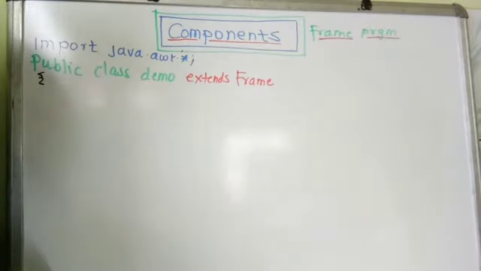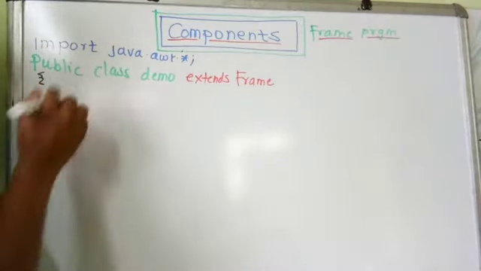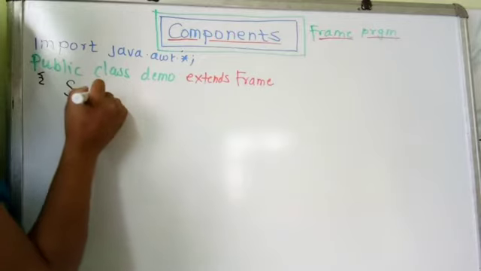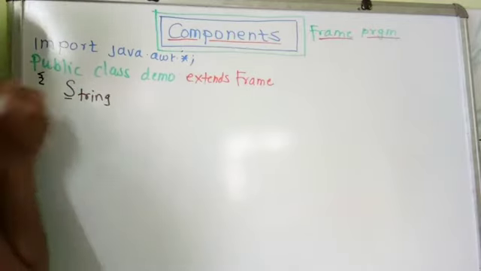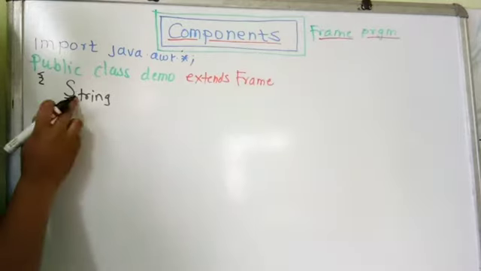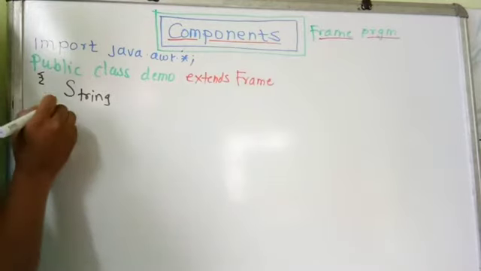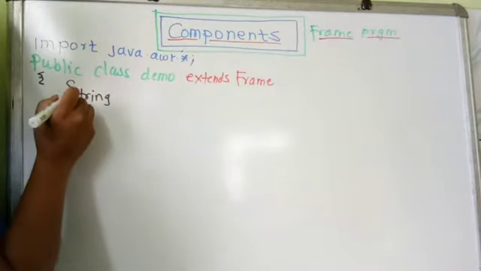For giving our frame a name, we can use different mechanisms. Here we will take one String. Carefully listen: in Java, String has the letter S capital.